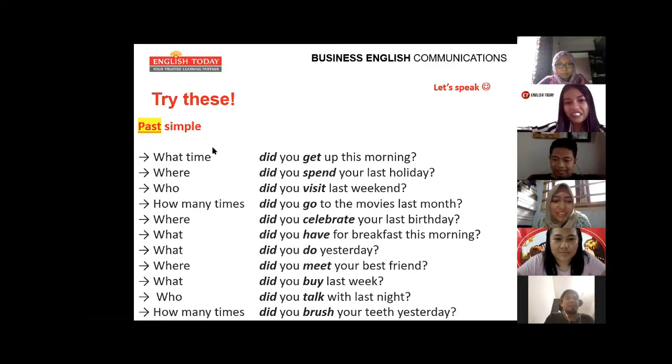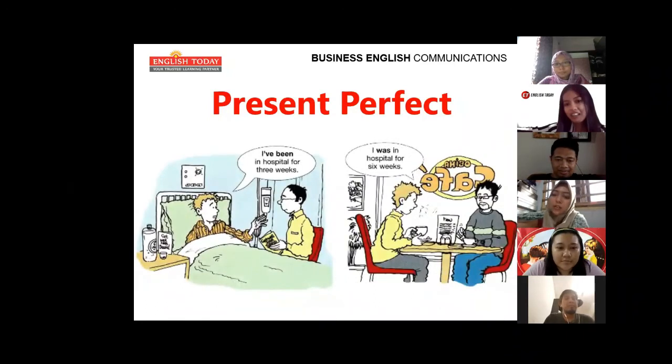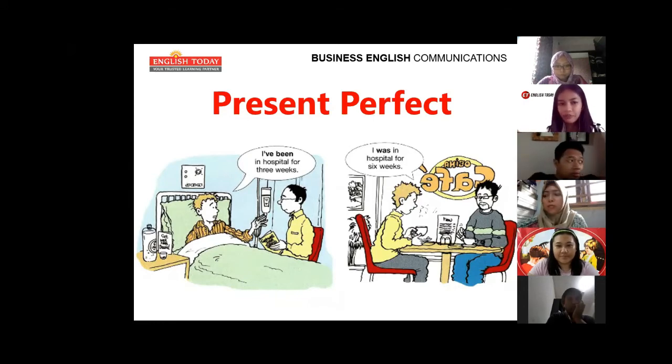Now, moving on to the next part, we've got the other one. Present perfect. If past simple is all about the past, before now, it's over, finished, done, with nothing to do with the current situation or present moment, present perfect connects past to now, so they are connected, they continue.